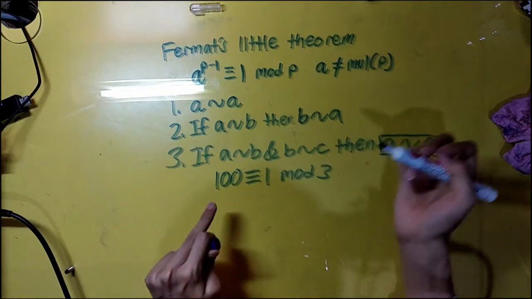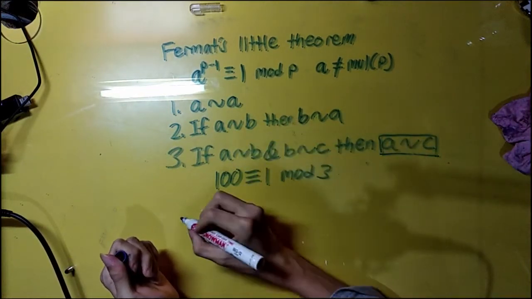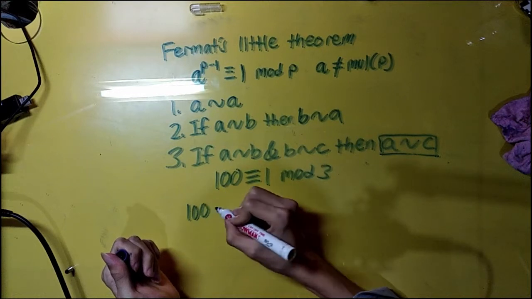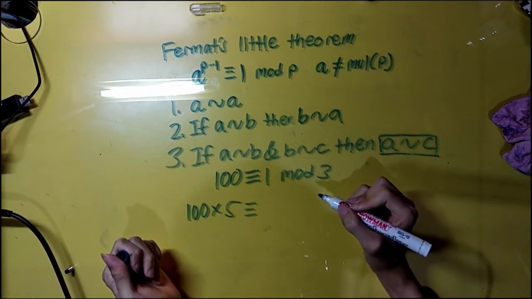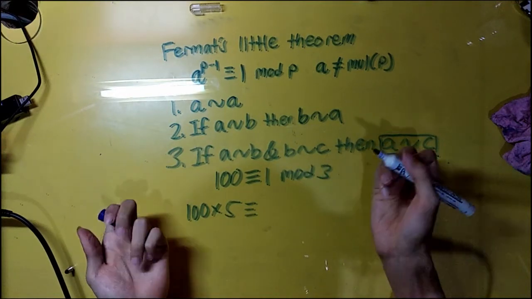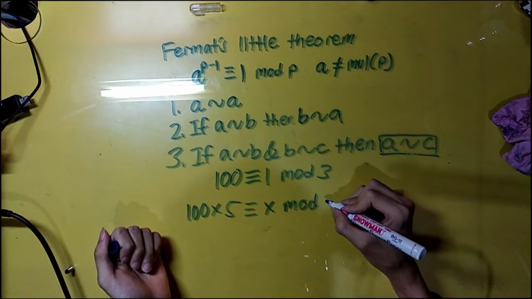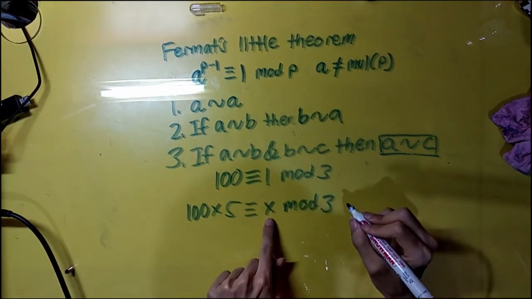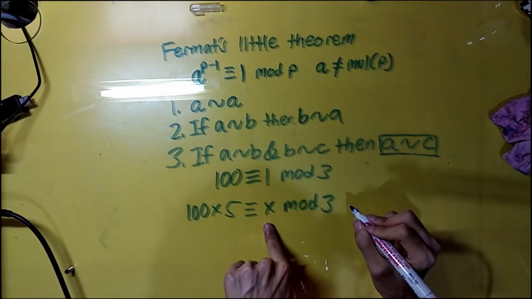We can simplify things very greatly. Let's say we have 100 multiplied by 5 is congruent to, well, I have no idea, x mod 3. So we have no idea what x is, and x is something that we need to calculate.